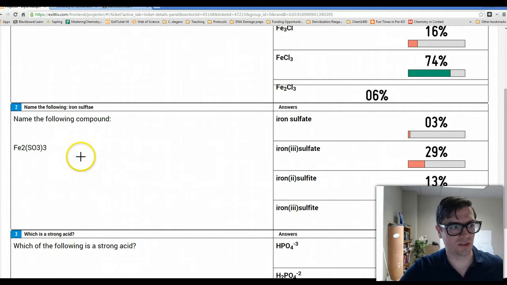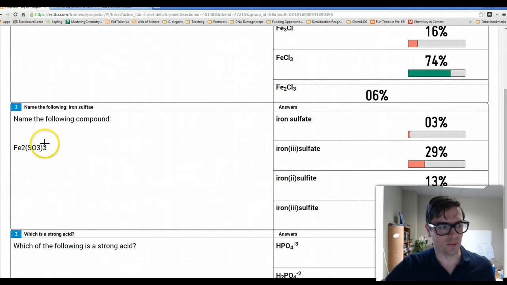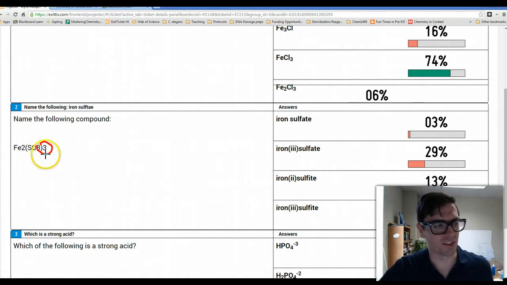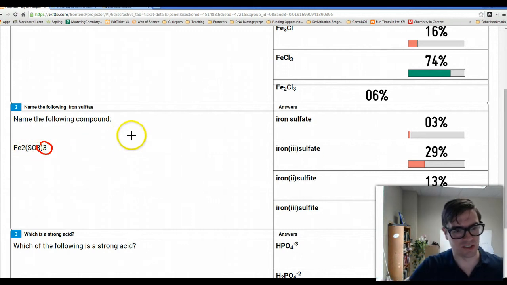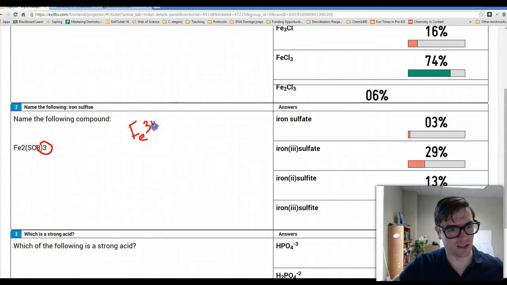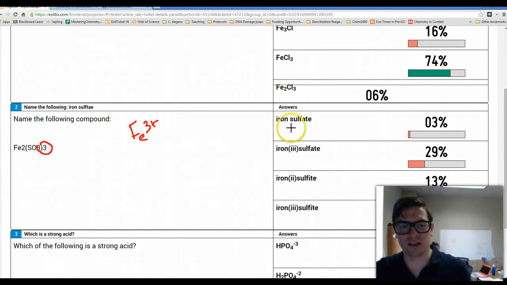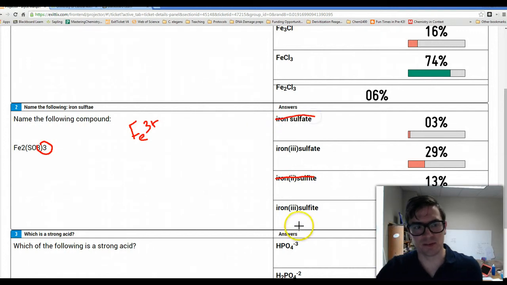One was the charge, and everybody hopefully saw that there were 3 of these sulfites. So that meant that iron had a +3 charge on it, and whatever iron you chose had to have that 3+ charge. So that means this one is out. This one is out. Okay.